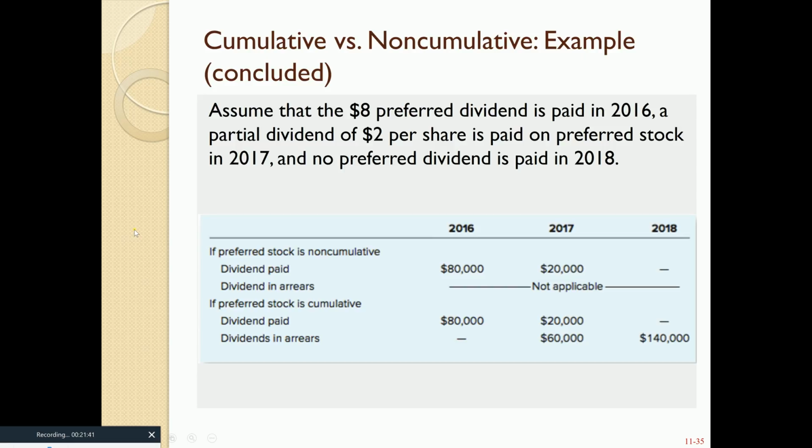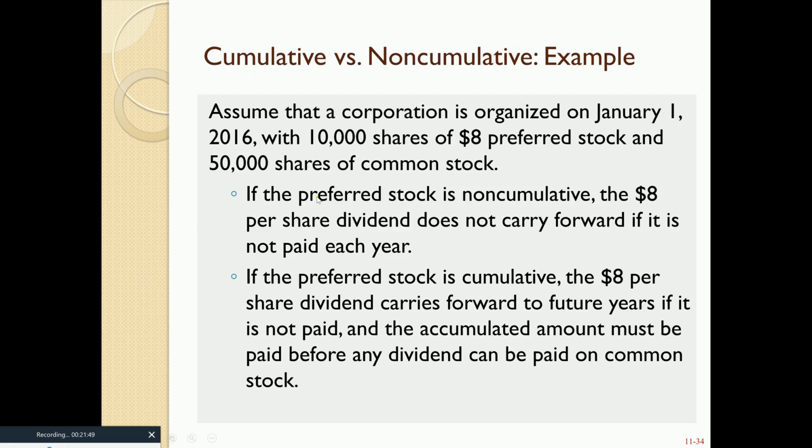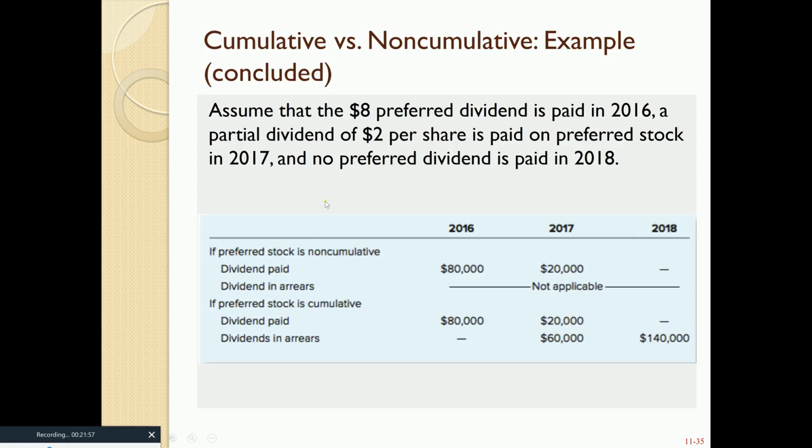Let's take a look at this example using numbers. Assume the $8 preferred dividend is paid in 2016. Now remember, how many shares do we issue? It says 10,000 shares were issued. So $8 dividend per share, $8 times 10,000.